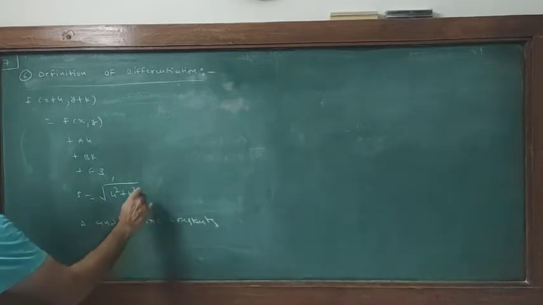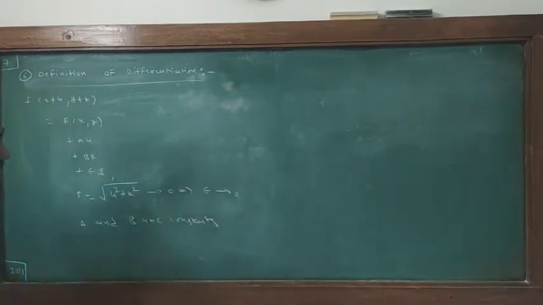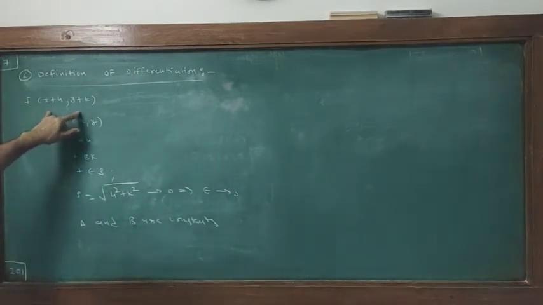And if rho tends to 0 implies epsilon tends to 0, then we say that this function is differentiable at the point (x, y).